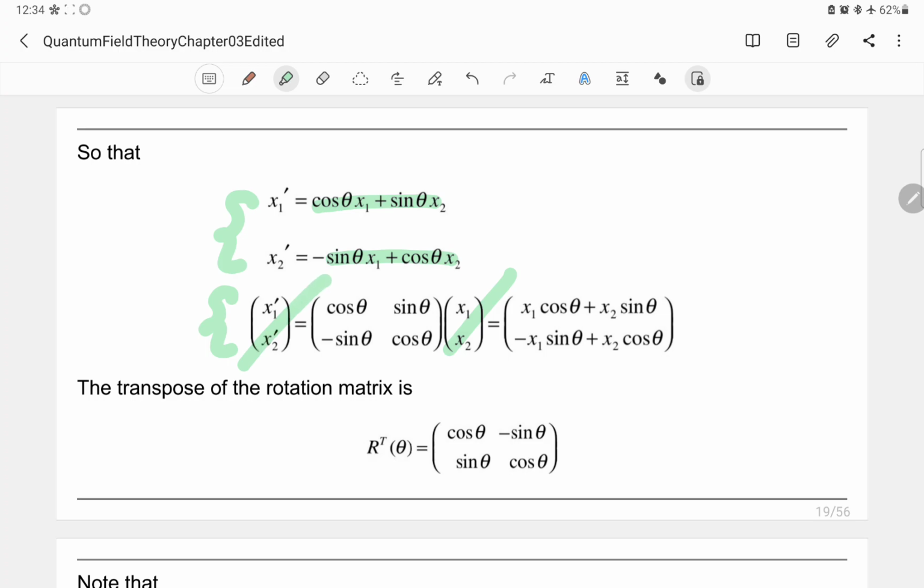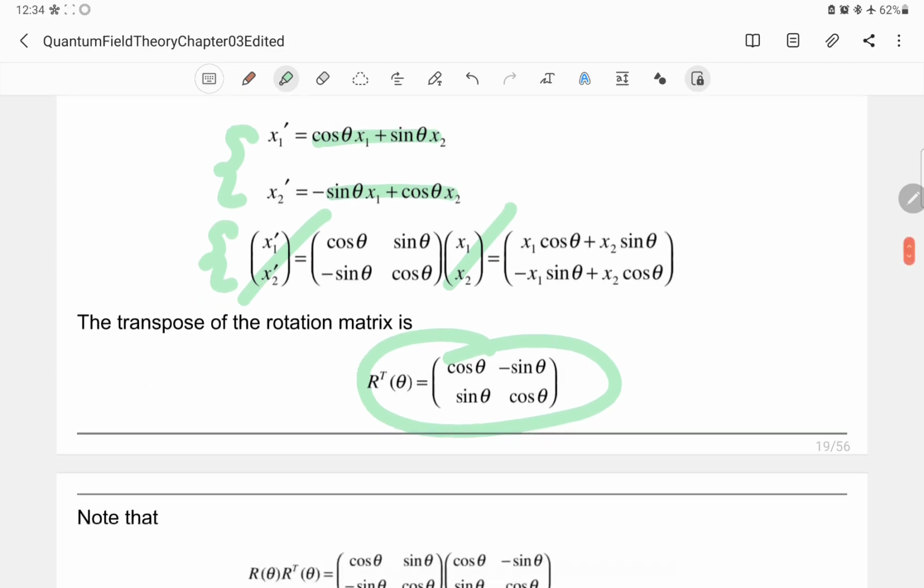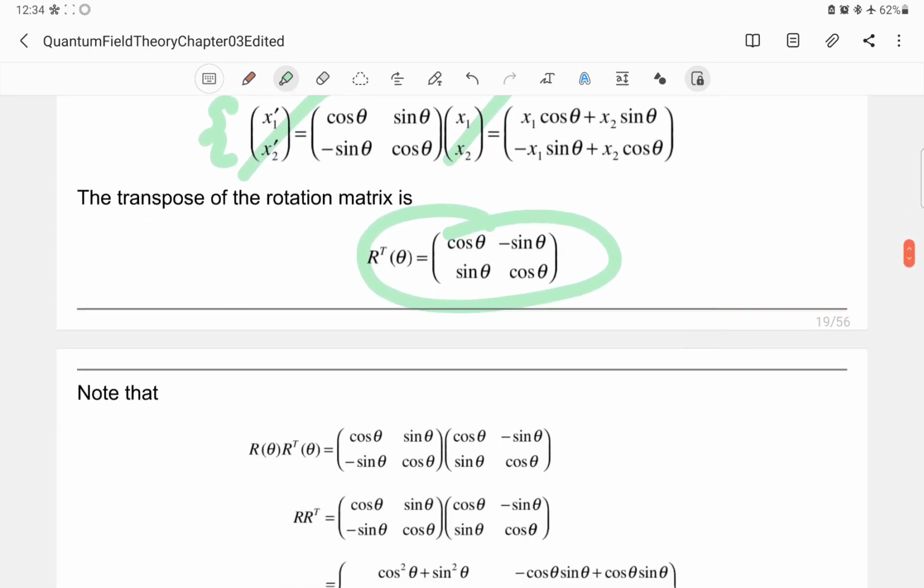So the transpose of the rotation matrix is actually just equal to this one, and the transpose is just equal to the inverse if you compute.